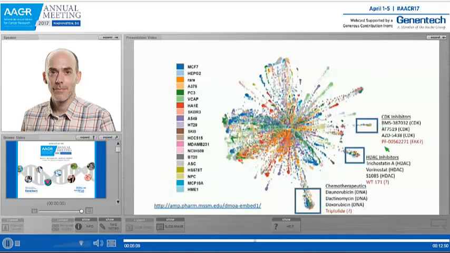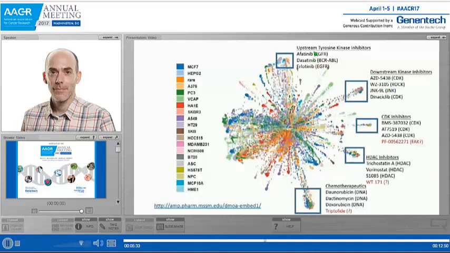For example, this small molecule is reported as a FAK inhibitor, but in reality it is in a cluster of CDK inhibitors. So we suspect that this particular small molecule is indeed a CDK inhibitor. Then we have here some more downstream kinases that include CDK inhibitors and some others, and here are the EGFR and the mTOR.